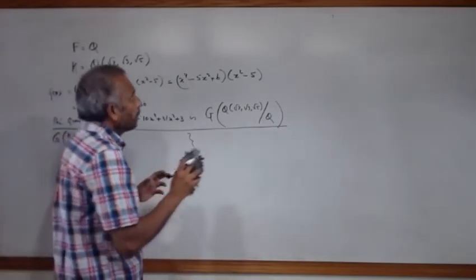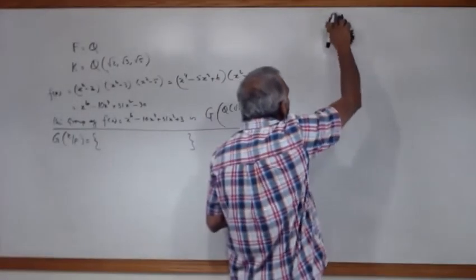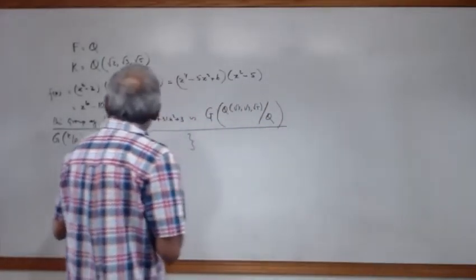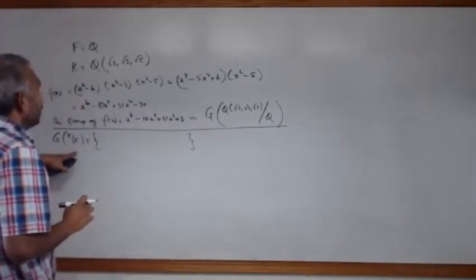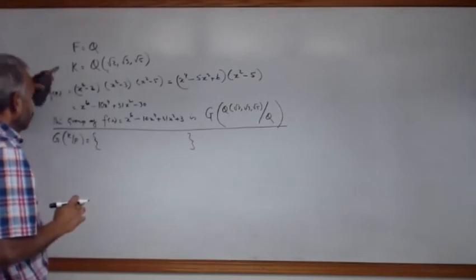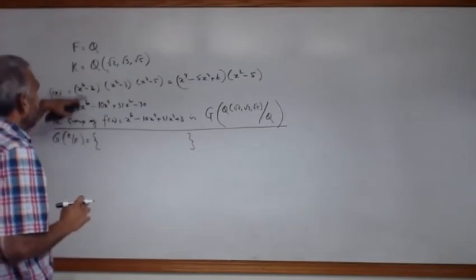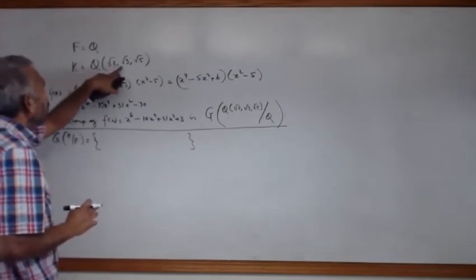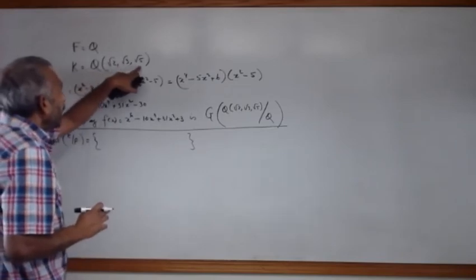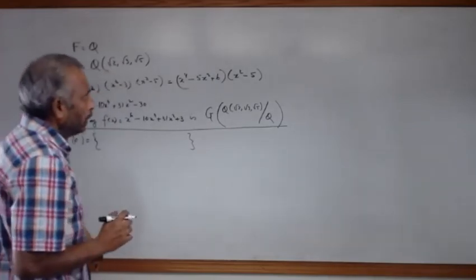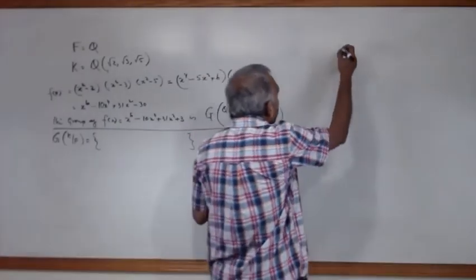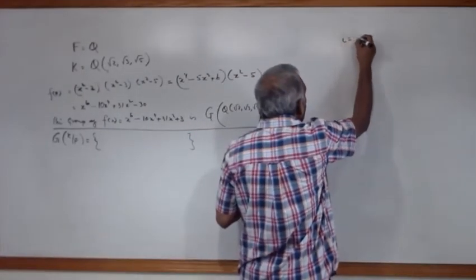So what are the possible automorphisms on K leaving F fixed? Those automorphisms are determined by root 2, root 3 and root 5. Of course, the first one will be the identity map.